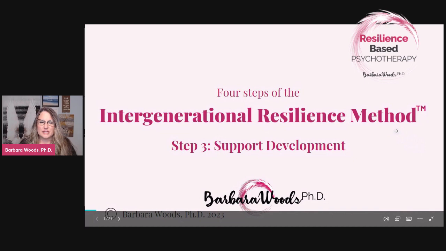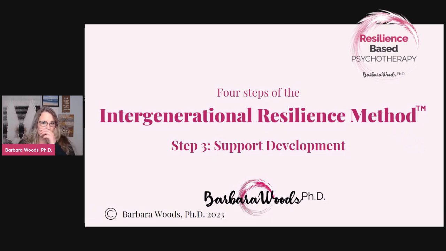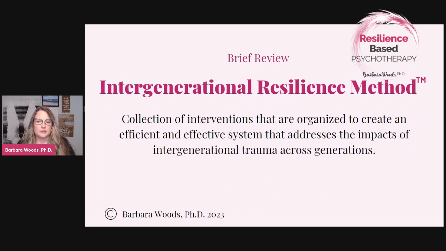Amazing. So this is step 3 of the Intergenerational Resilience Method. The Intergenerational Resilience Method is a collection of interventions that are organized to create an efficient and effective system that addresses the impacts of intergenerational trauma across generations.